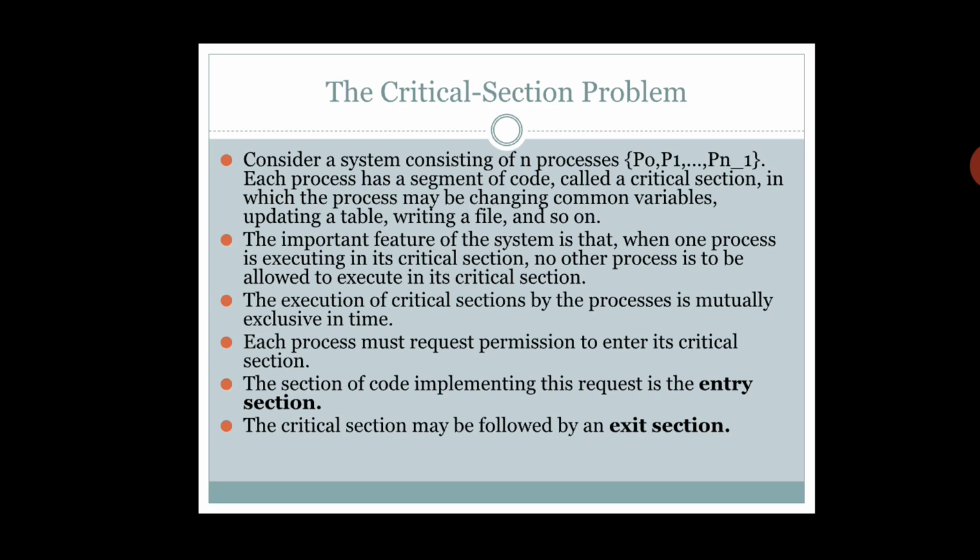As in real life where you manually write things down, with respect to processes there is a segment of code, called the critical section, which mainly deals with updating things, tables, or writing to a file.